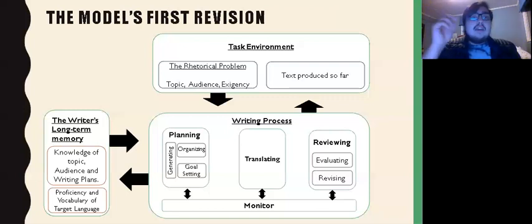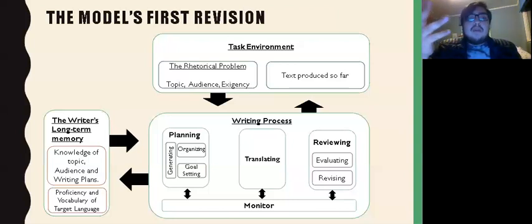One is the proficiency in the target language of the writer, and the vocabulary of the target language of the writer. If we can't account for any of those, we actually can't say that a writer can achieve their task at hand.